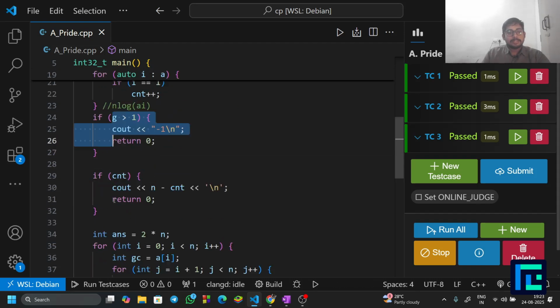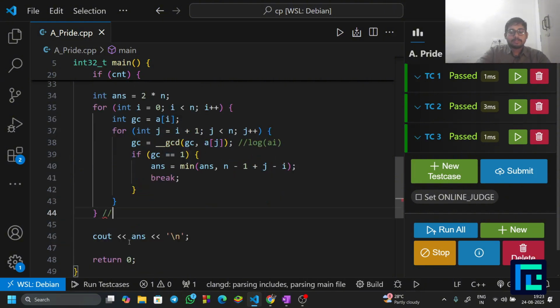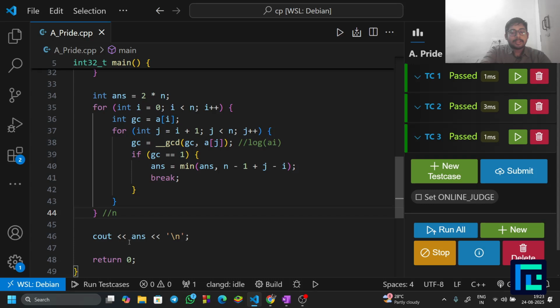And this is of one operations. Here again you are iterating this n times inside also. At max you are going n times and you are taking GCD also. So this GCD would take log of A[I] time, and this is order of n. So overall n into n log of A[I] is the time complexity for this.